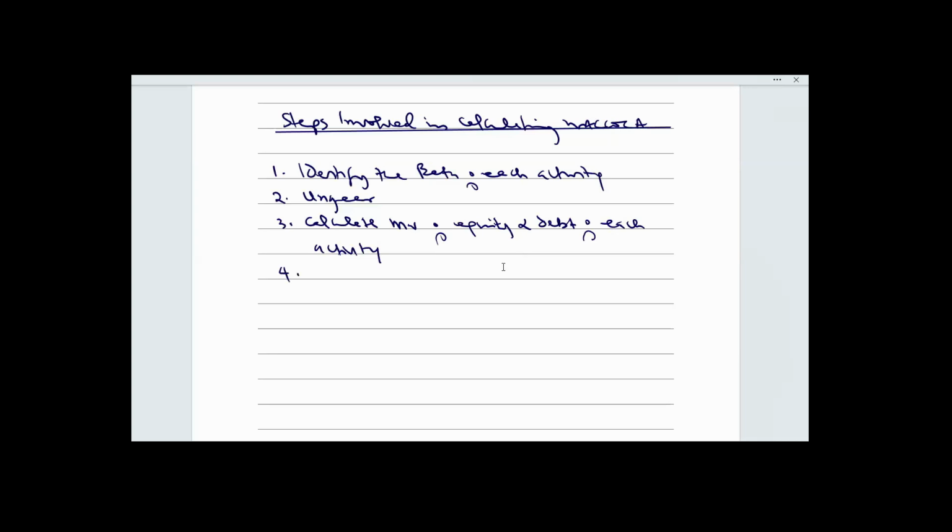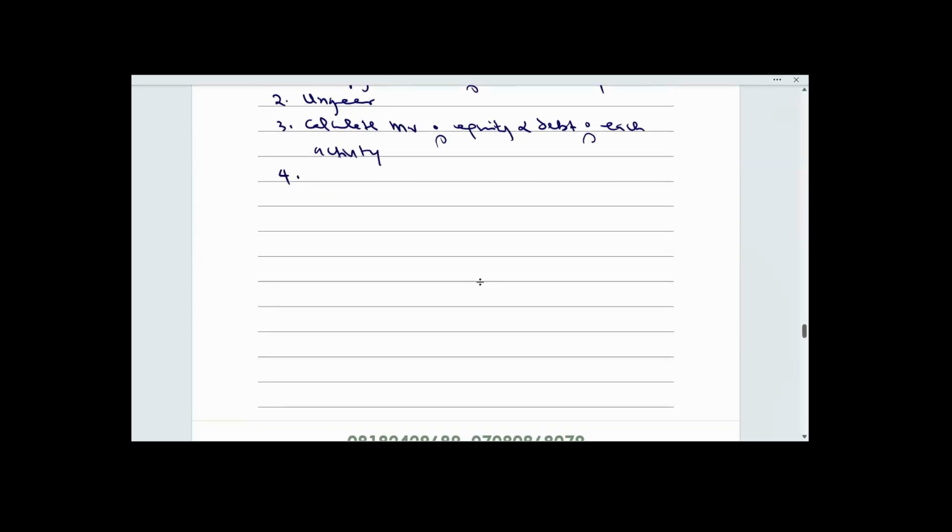Step 4, you calculate weighted average asset beta, or what we call asset beta of the combined, or you can also call it combined asset beta, or beta asset of the combined.